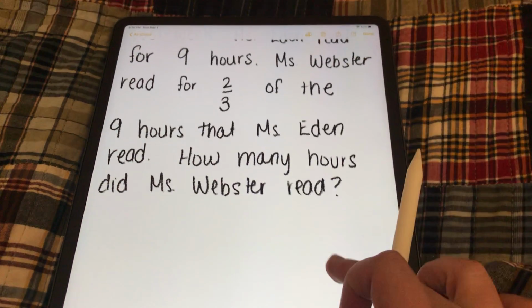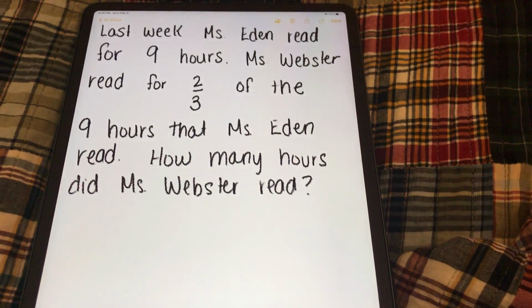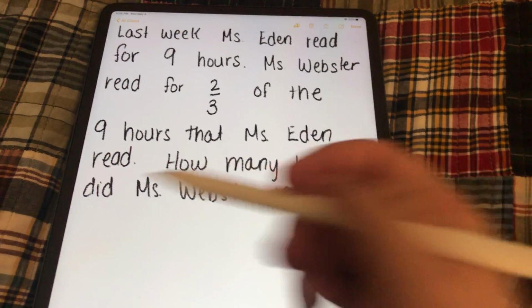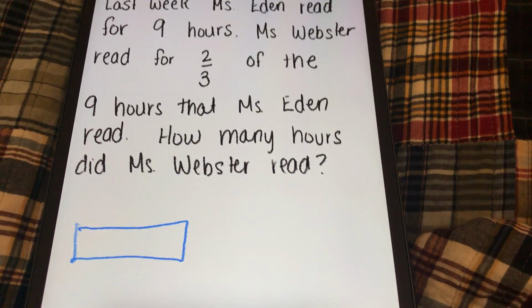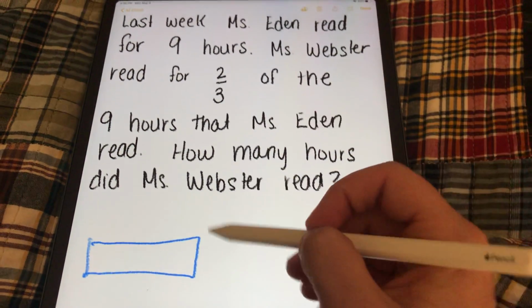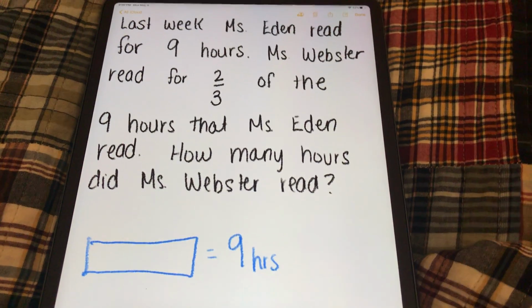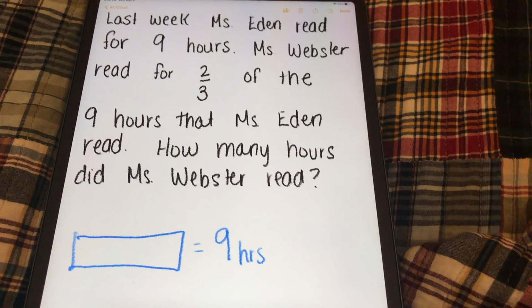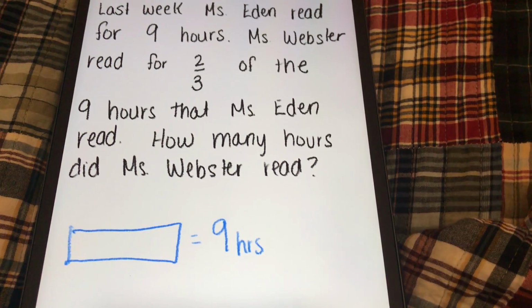Okay, so this is where the two strategies are going to give you the same answer, but are a little bit different, okay? So last week we said, here's a fraction bar, and that's going to be equivalent to the 9 hours that I read. Well, we want to know what is 2/3 of the 9 hours that I read.